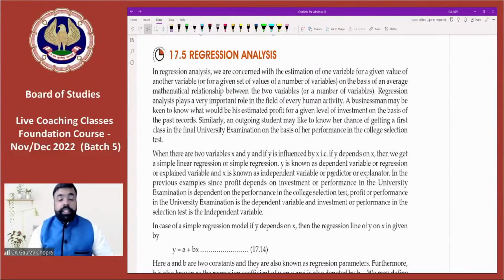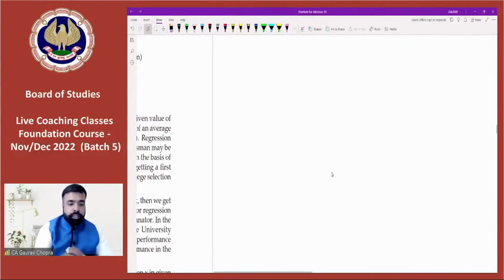So let us begin with the chapter regression analysis. What is the purpose of regression? Regression basically helps us to estimate a certain value. Now, how does it help in estimation? Let us understand with the help of the basic concepts. So let us write first, regression.